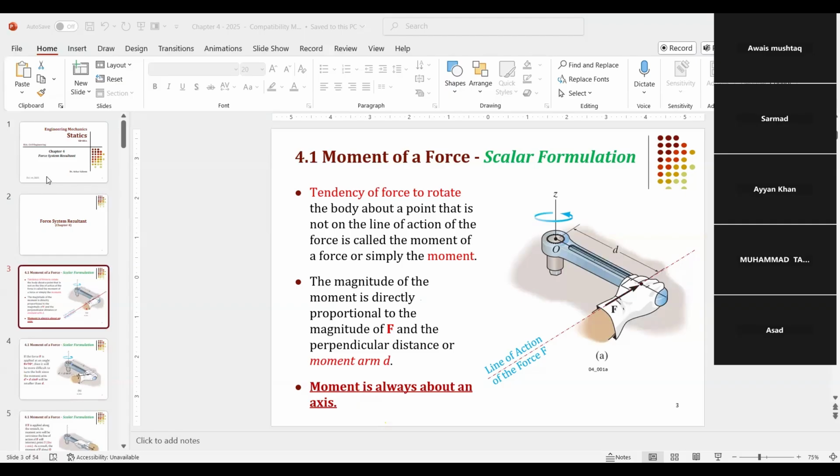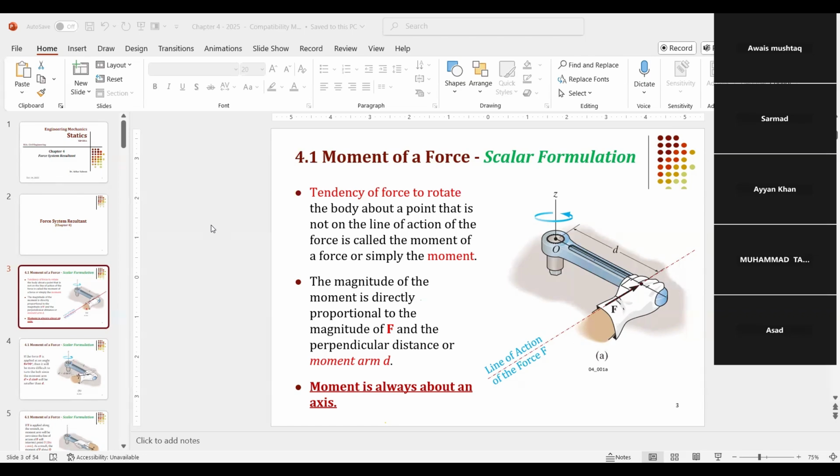Like when we open or close a door, we apply a force, and the result of the force is rotation. So that effect is called moment. Some people would call it torque, but we will call it moment. People in physics mostly call it torque, but in civil engineering, we commonly use the term moment.